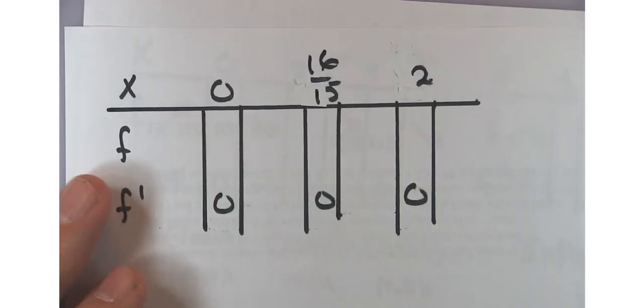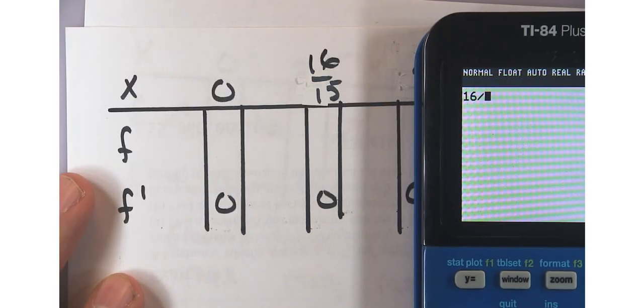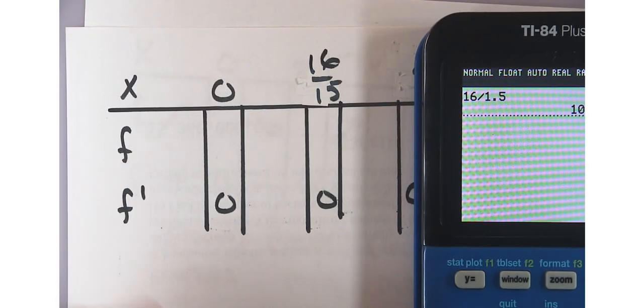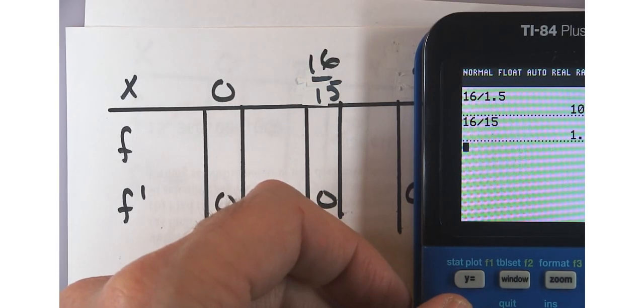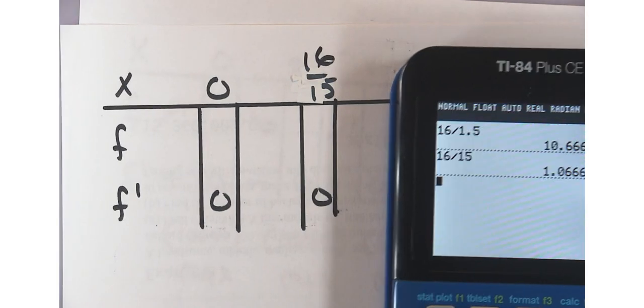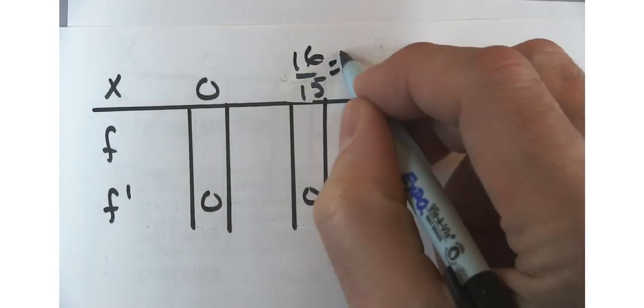It might help to figure out a decimal value for 16 over 15. I'm thinking 1 point, let's see, 16 over 15. Yeah, 1.06. That's a decent enough decimal value that we can figure out something here.